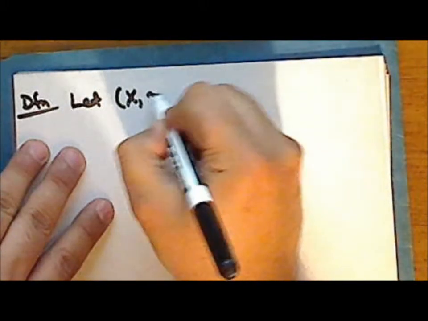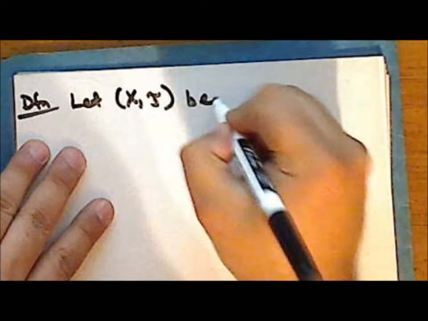So now, new definition. Let the collection X with some topology tau be a topological space.